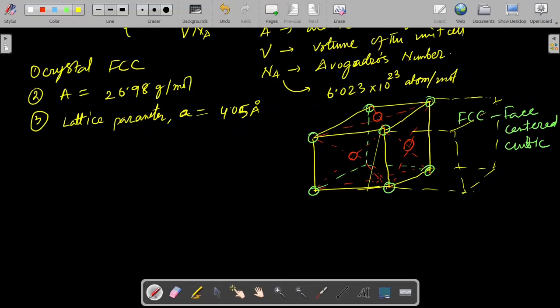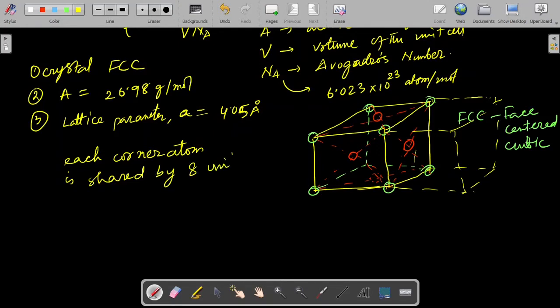This atom is also shared with this unit cell and with this unit cell. And that's how each corner atom is shared by 8 unit cells.